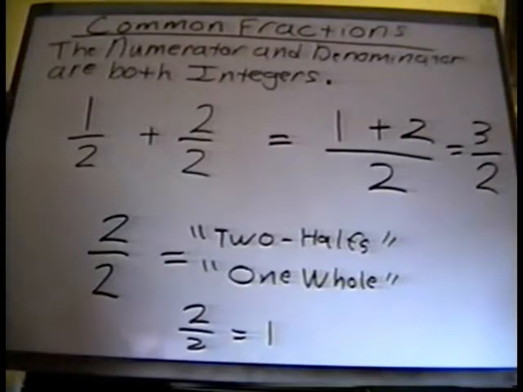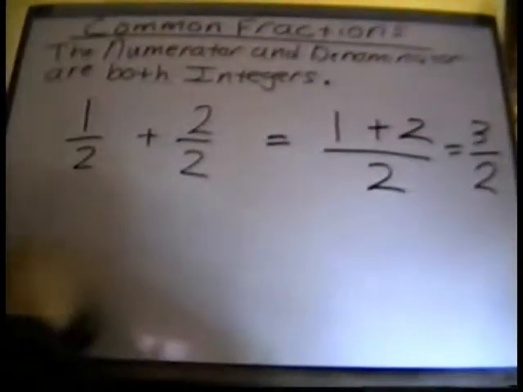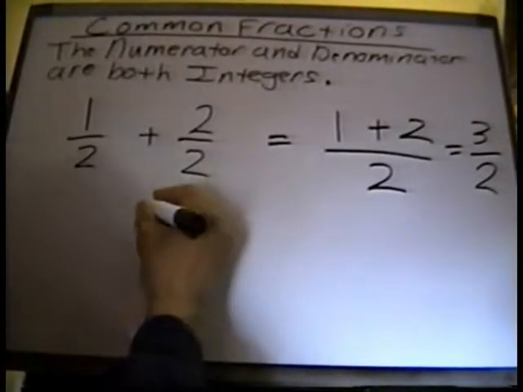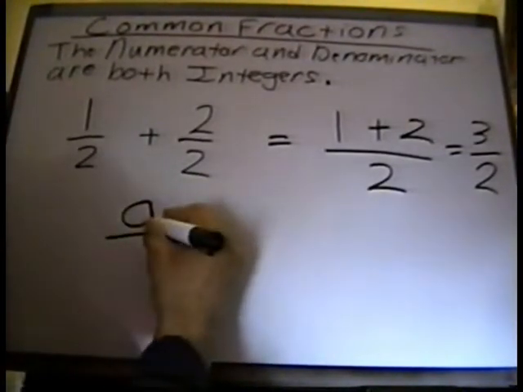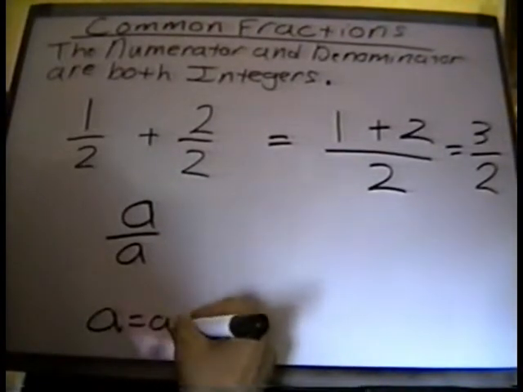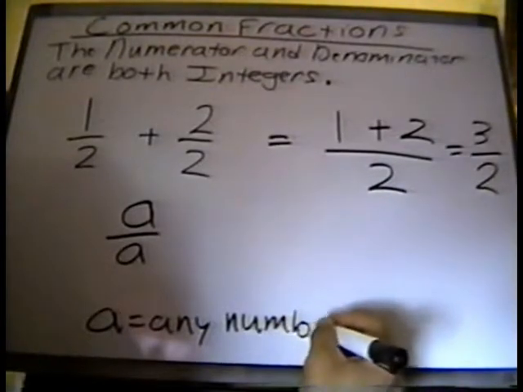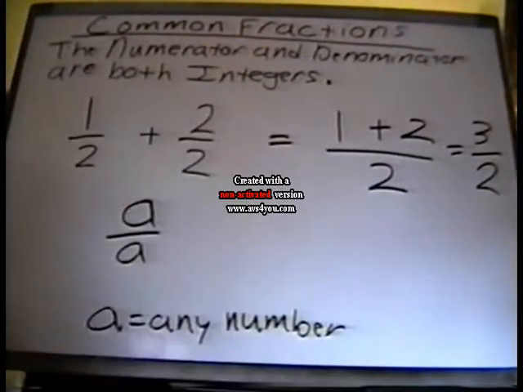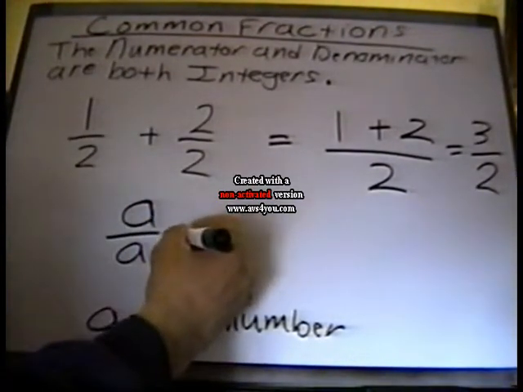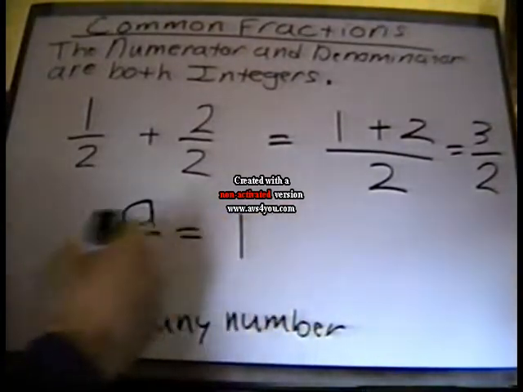Okay? So for any fractions, here's a rule. Anytime where A represents any number, or we say A is any number, anytime you have a number divided by itself, or A over A, that gives you 1.